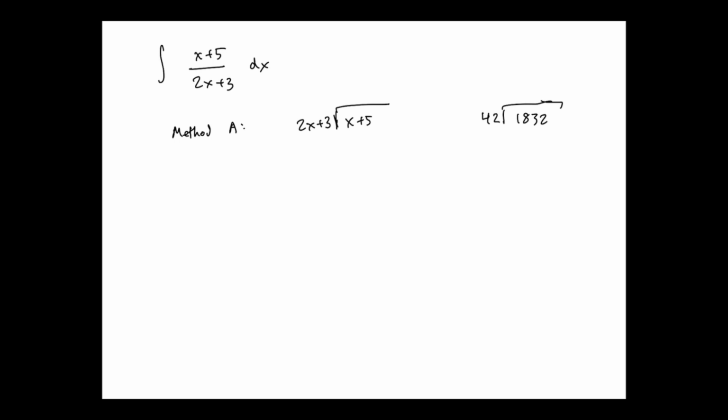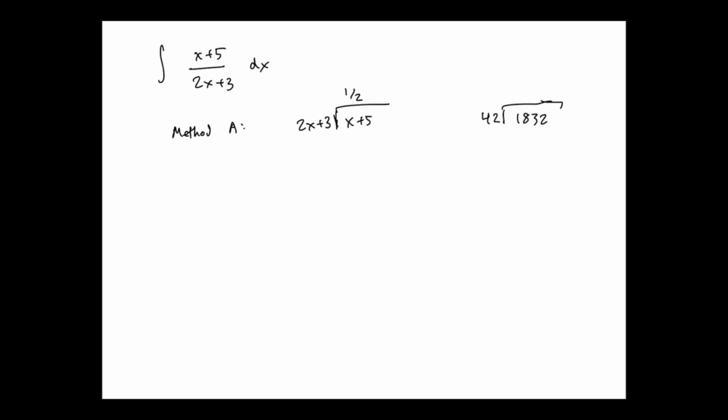All right, so how many times does 2x go into x? Well, there's two ways to answer that. 0 is one answer. It doesn't, but what's the real answer? Yeah, it's a half. Because what I'm really asking is, what do I need to multiply 2x by to get x?